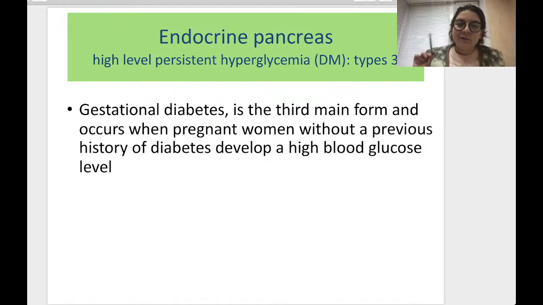If we find hyperglycemia and increased OGTT test in a pregnant woman, but before pregnancy she had diagnosed diabetes mellitus, for example type 1, it's not gestational diabetes. We diagnose it as further manifestation of diabetes mellitus type 1, and we can diagnose gestational diabetes just in case when there was no diabetes previously before the pregnancy.